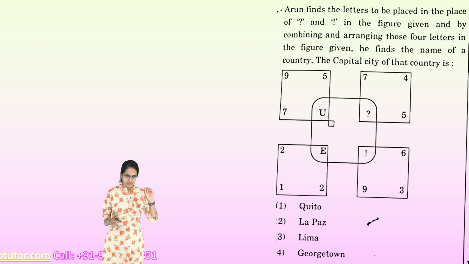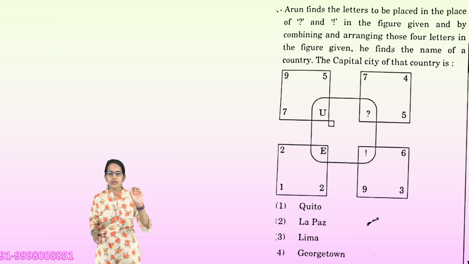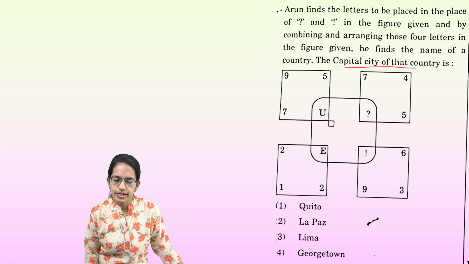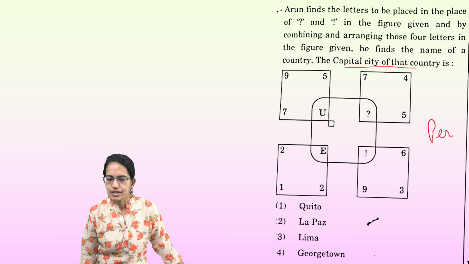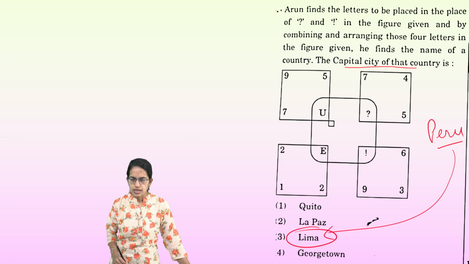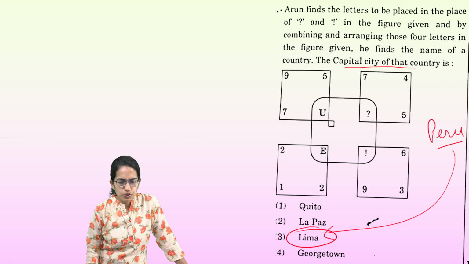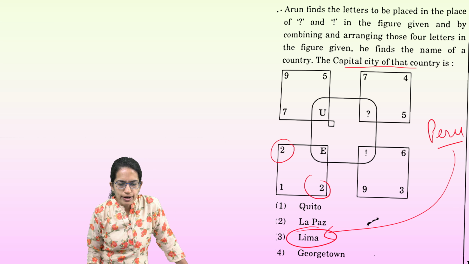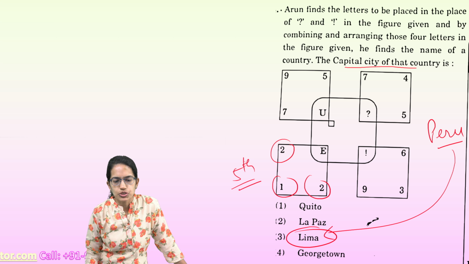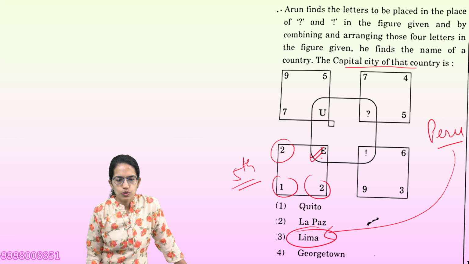Now here, a very interesting question. The question asks about the capital city of a country. Now this has to be a 4-letter country. So Peru can be the country. And for Peru, the capital is Lima. You can directly go to this answer. But let me show how Peru would be derived. So I add 2, 2 and 1. So this is 5, and the fifth alphabet in English is E. Similarly, you have 16 and 5, 21.